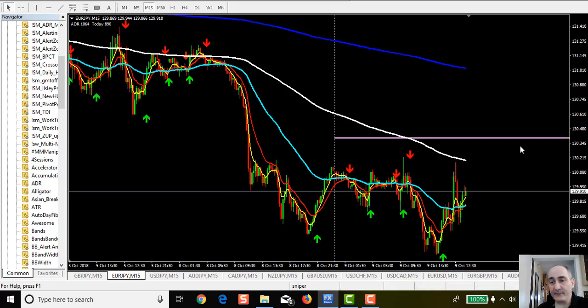Now, what I wanted to show you here is the average daily range, and this is a 14-day average daily range, okay? And in this particular currency, the average daily range is 106 pips. So when you read this, it says 1064. The first 3 are the number of pips, okay? Today's range is 89. So the average daily range is 106.